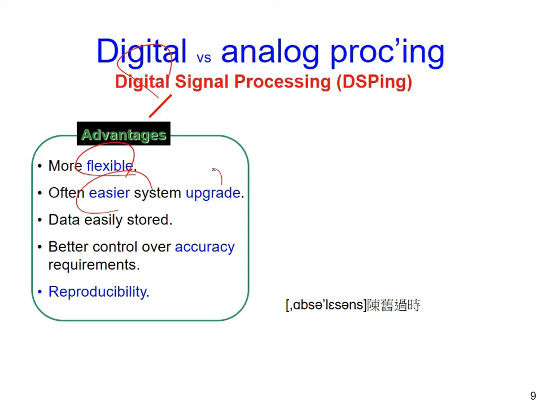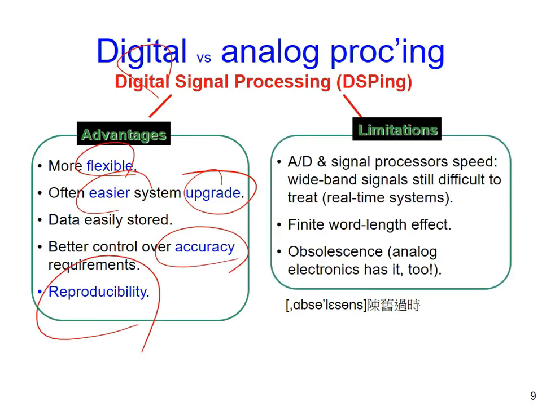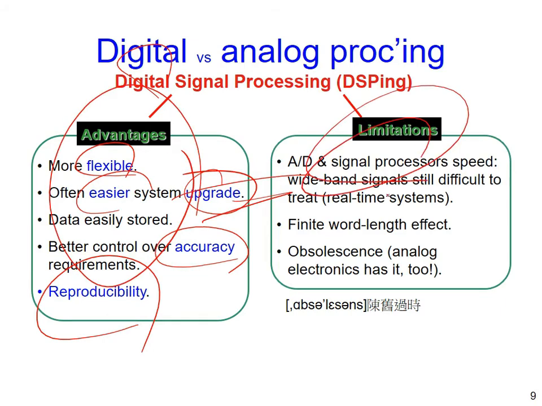It is easier to be upgraded. You don't need to worry about the accuracy, and it can be reproduced as many times as you like. That is good. But on the contrary, it has also a lot of limitations.